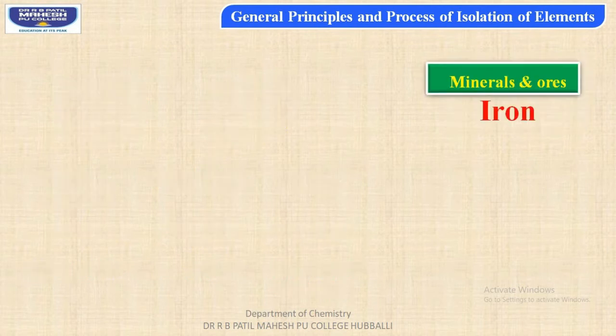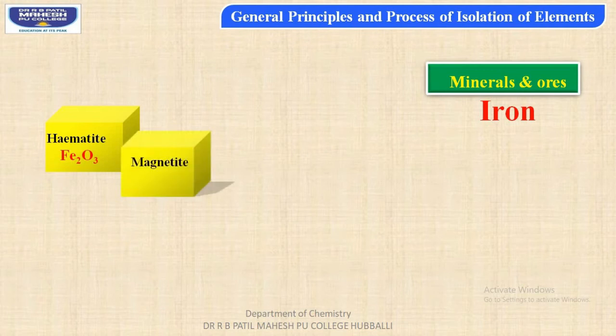Let us consider various minerals and ores of iron. The first mineral is hematite, that is ferric oxide, and the second is magnetite, triferric tetroxide.